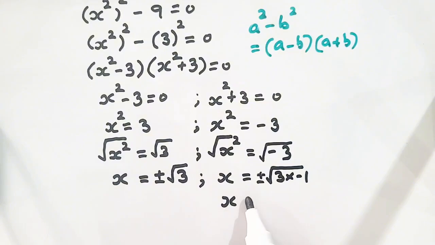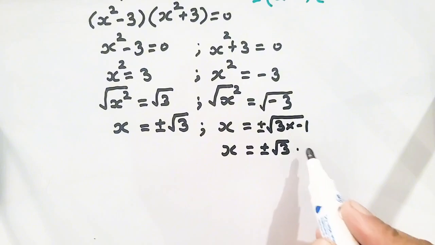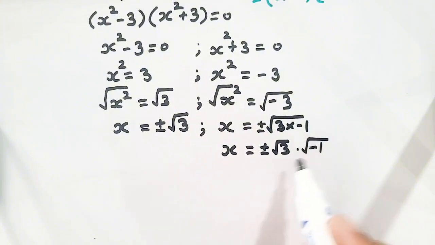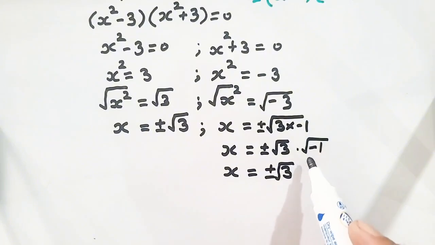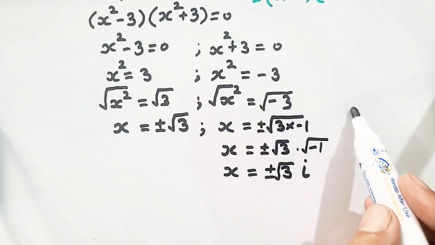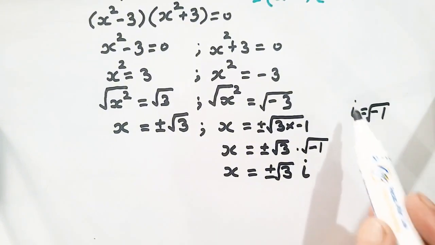So x will be equal to plus minus square root 3 and square root of minus 1, which is called iota. It is the imaginary part, so we can write it as iota. Iota is equal to square root of minus 1.